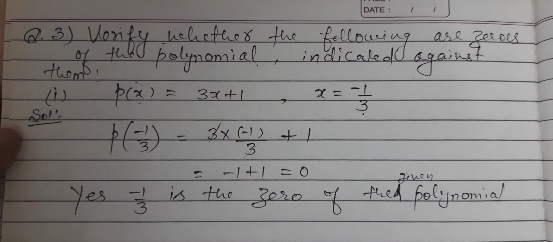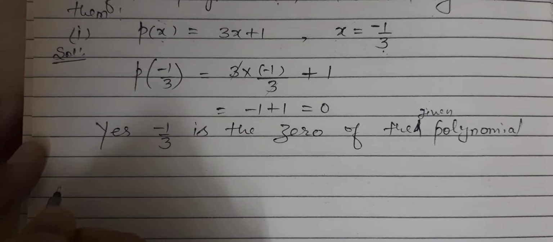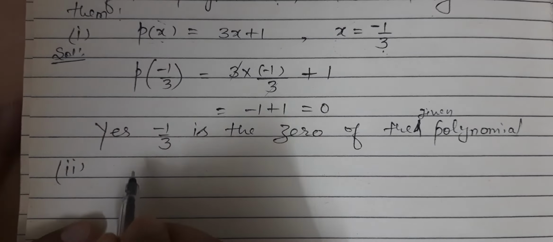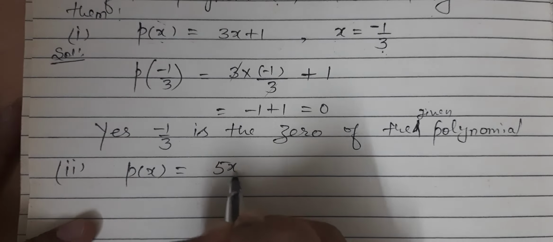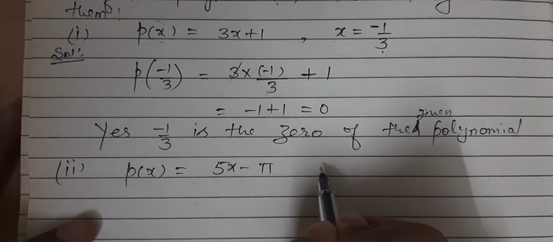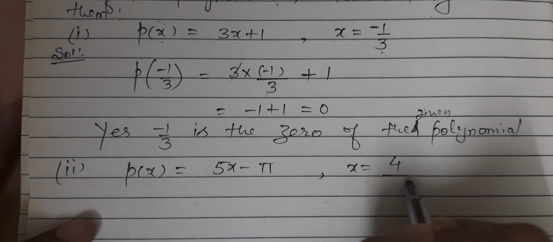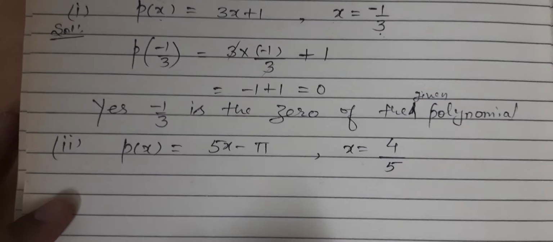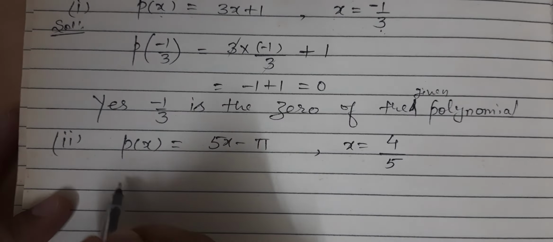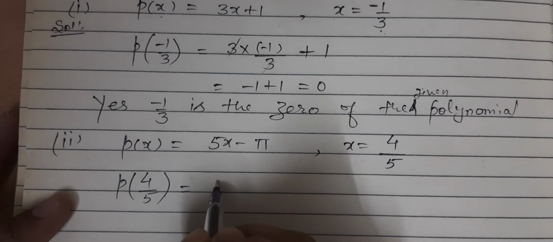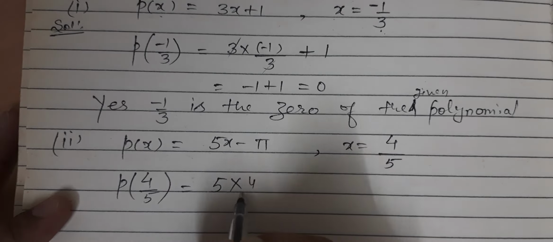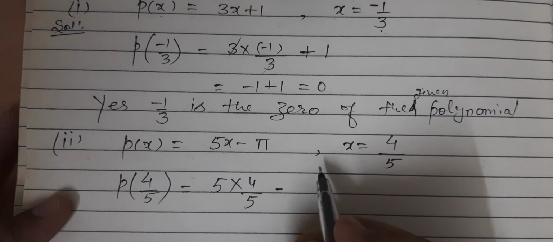That's it. Now the second part, second question is, second polynomial is p of x equals to 5x minus pi, and here x equals to 4 by 5. So let us find. So we'll put x equals to 4 by 5. So I will write p of 4 by 5. 5x means 5 times 4 by 5 minus pi.